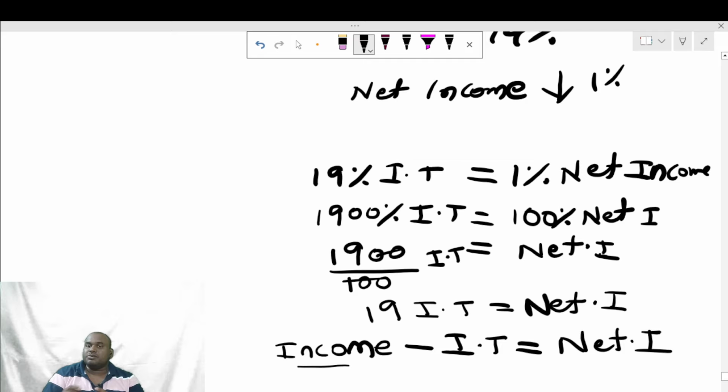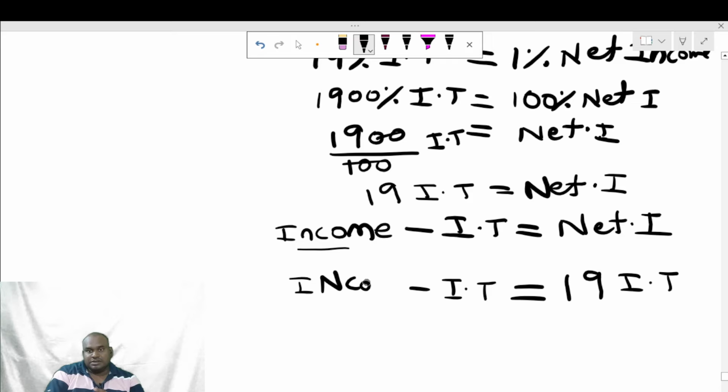But I know net income is equal to 19 times of income tax, right? I'll put it as 19 times of income tax minus income tax, this is equal to income. So I'll put this here and put it right side, then I'll get 20 times of income tax equal to my income.